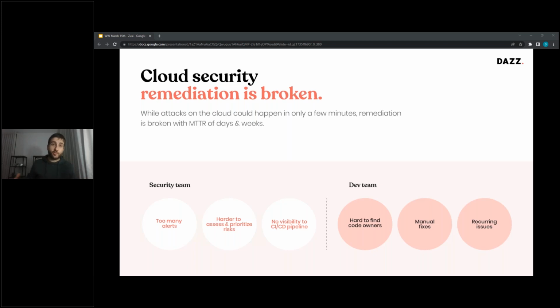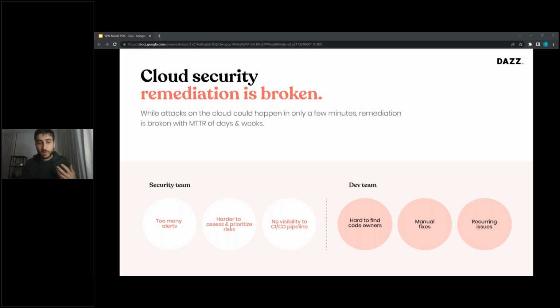Just doing that triage, finding who the owner is, what the root cause is, it's really, really hard to find the owner of an issue. And sometimes fixes are manual, and sometimes it happens all across the environment in a way that's just repeating, and the issues reoccur, right? And we are seeing the impact: the risk window keeps growing.